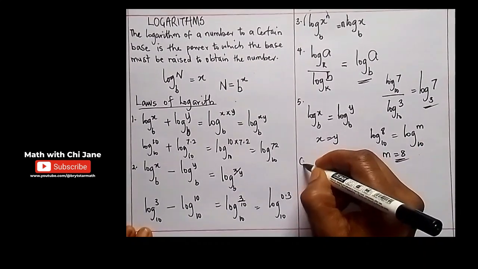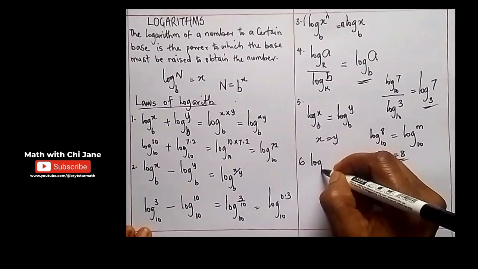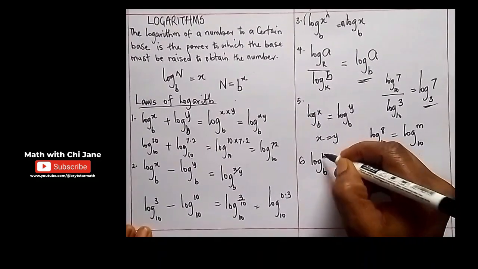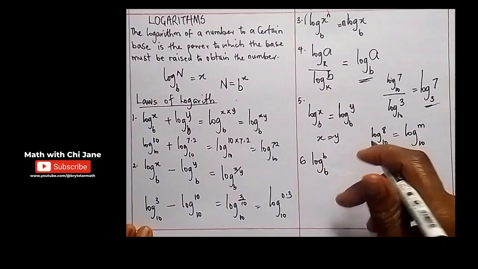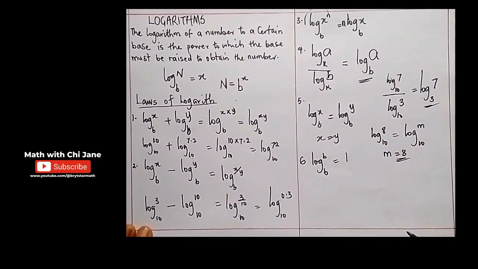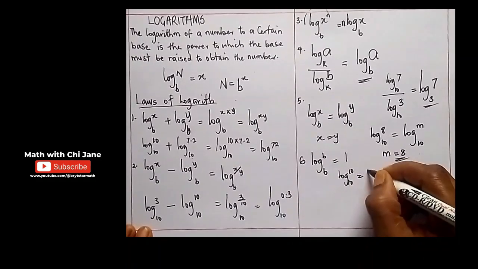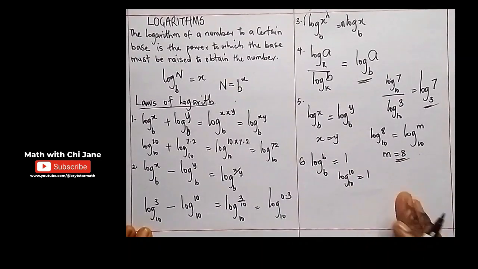That explains that law. Then we have the next law, where when it is log base b, and the number and the base are the same, that log equals 1. So where we have log base 10 of 10, that log is equal to 1.